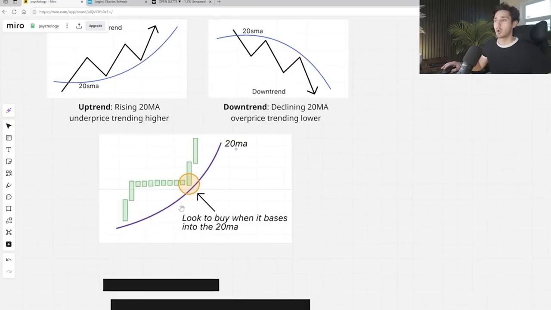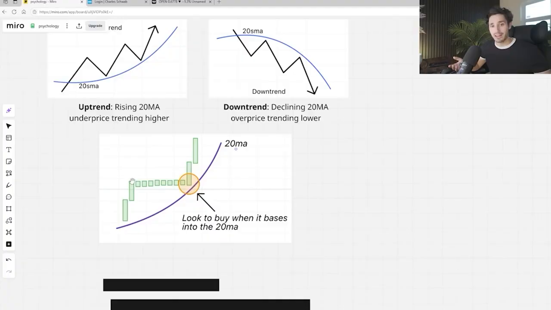Next, our goal is to look to buy when prices are close to or near the rising 20 period moving average for a breakout. So we have that initial rally, the initial move up. At this point, we're extended from the 20 period moving average. You could think of this as being overbought. From there, we need to rest.